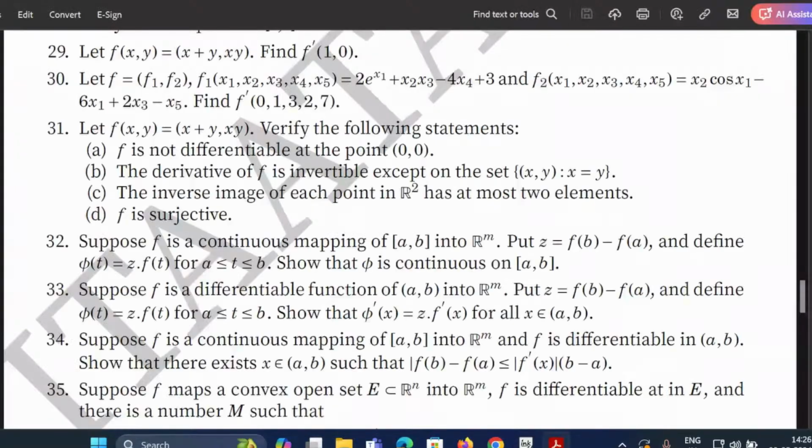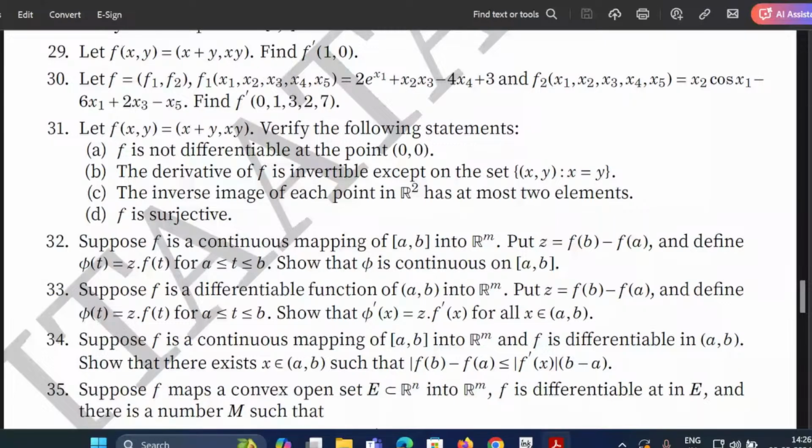Question 34. Suppose f is a continuous mapping of [a, b] into Rn and f is differentiable in (a, b), so that there exists an x in (a, b) such that the norm of f of b minus f of a is less than or equal to the norm of f dash x times b minus a.